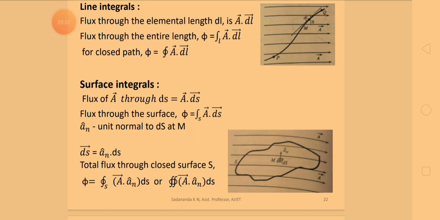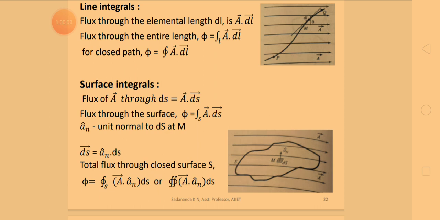That's an important point you need to remember in the discussion. Now the flux, as I mentioned, is the number of field lines passing per unit area of a vector. The flux through the elementary area ds is A into ds.